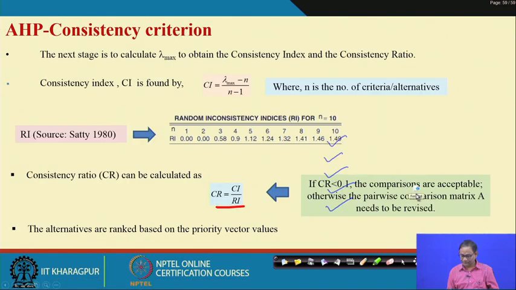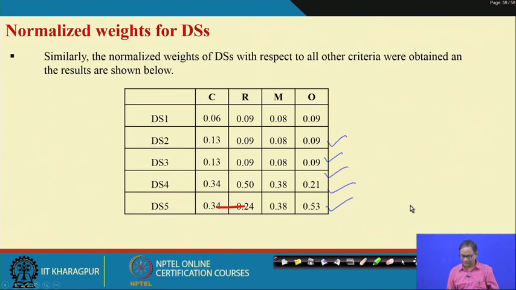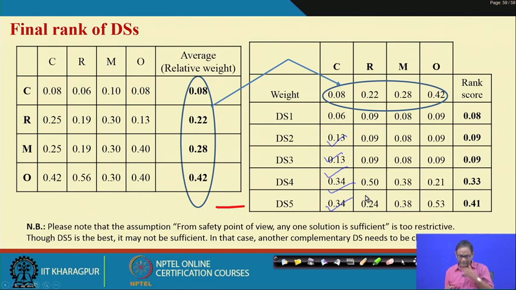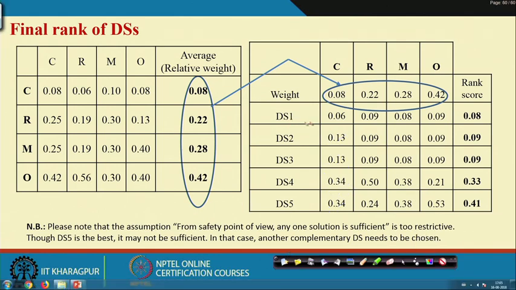Now come, look. With reference to cost, DS1, DS2, DS3, DS4, DS5 have 0.06, 0.13, 0.13, 0.34, 0.34. So, these are the priority vector with reference to cost for the design solutions.